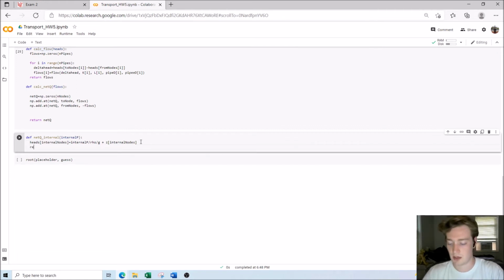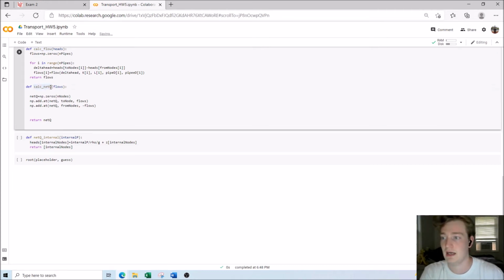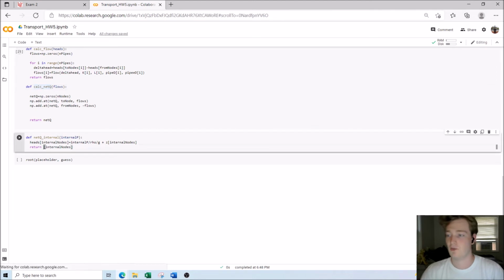And what are we going to return here? Well, we want only the internal nodes, so we'll start with there, internal nodes. We want to find the net Q. Thankfully, we just wrote a function for that. So if we go calc net Q, what does the net Q need? It needs flows.